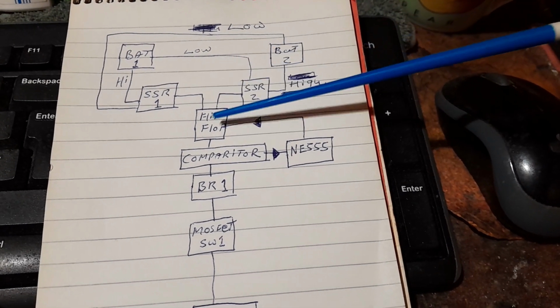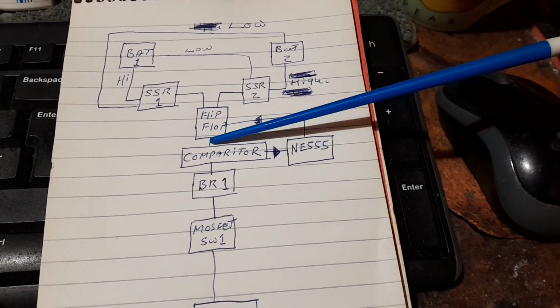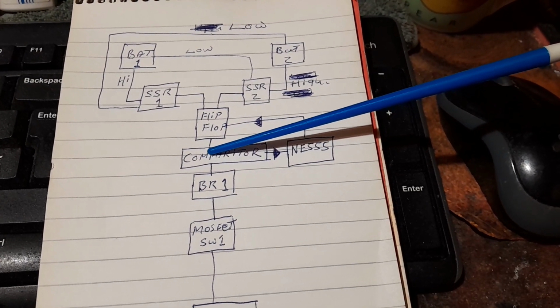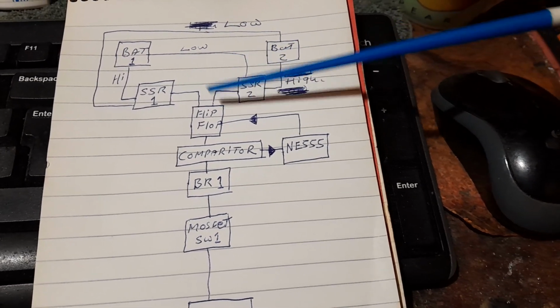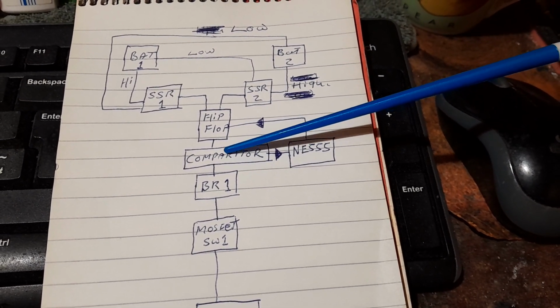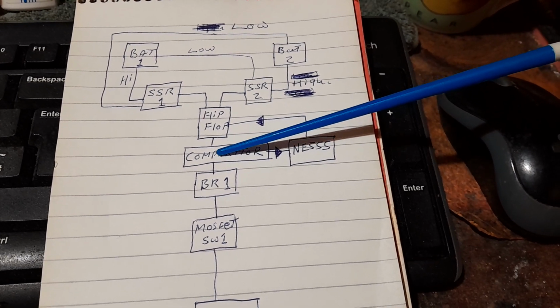And the logic circuit would go through the comparator, which monitors the voltage on each bank to determine when that voltage is dropping below a certain threshold point.